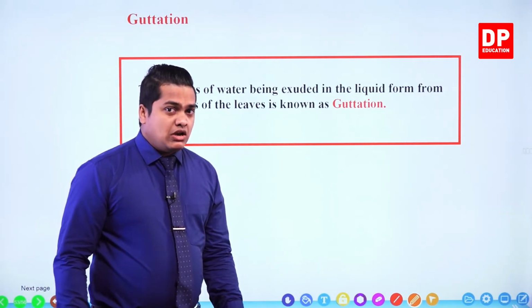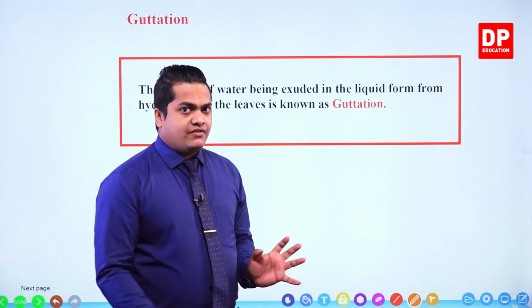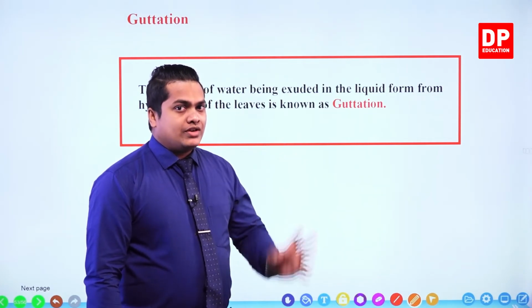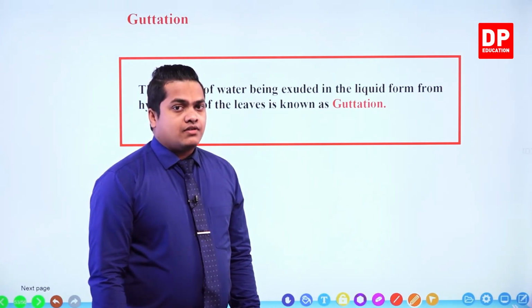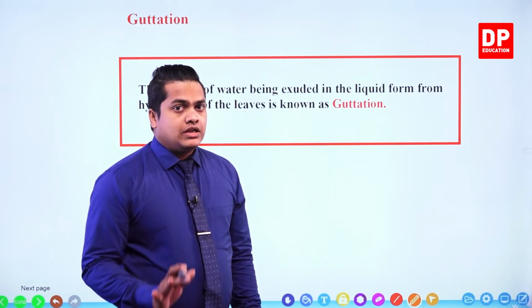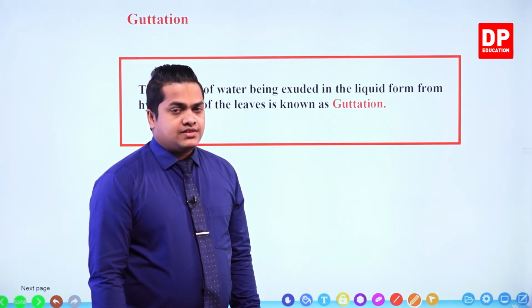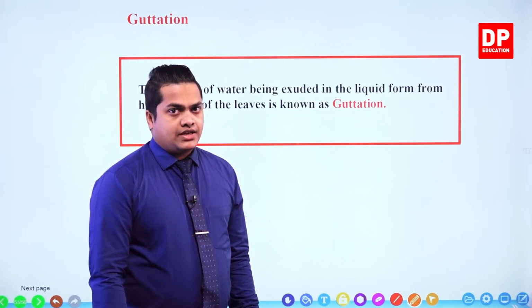So removal of water in the liquid form through the hydathodes of a plant leaf is called the guttation process.